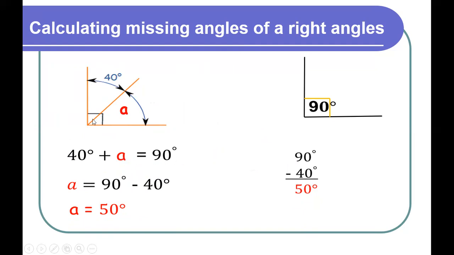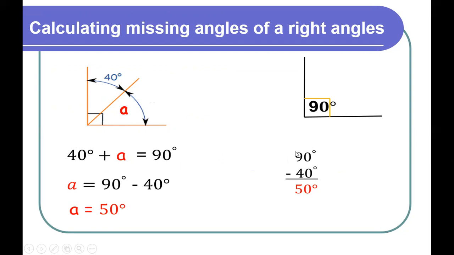Since this is a right angle, it needs to make 90 degrees. What is the opposite of plus? Yes, minus. So 90 degrees minus 40 degrees is 50 degrees. Therefore, angle A is 50 degrees.